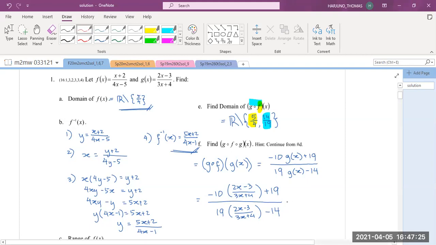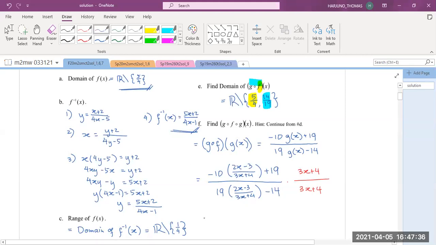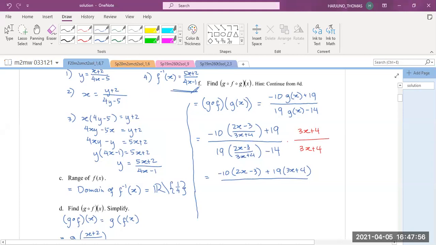And from here, I multiply by the LCD, (3x plus 4) over (3x plus 4). Then we will get negative 10 times (2x minus 3) plus 19 times (3x plus 4), big over, let me write the separation first, 19 times (2x minus 3) minus 14 times (3x plus 4).